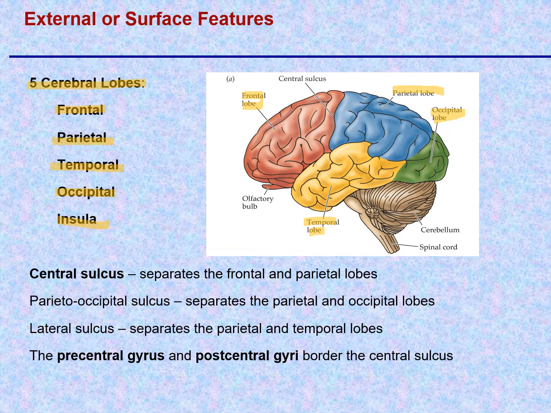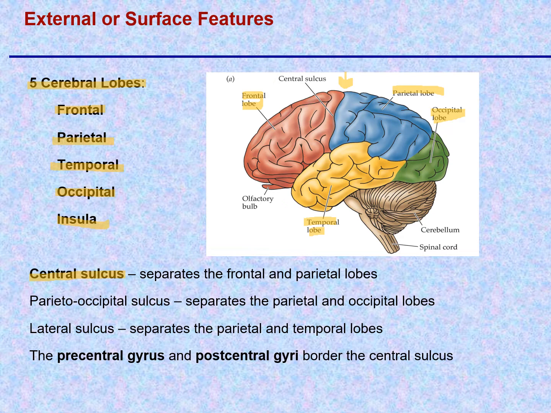Running along the middle, right there, you have what is called the central sulcus. It's the sulcus or groove which separates the frontal lobe from the parietal lobe. So you have that kind of structure on each side of the brain in each of the hemispheres.